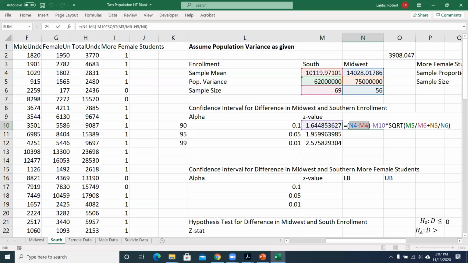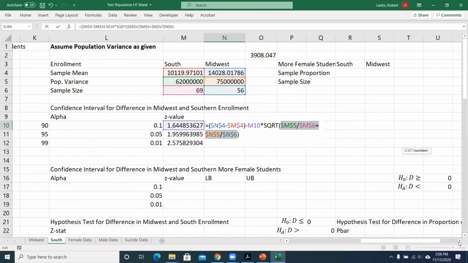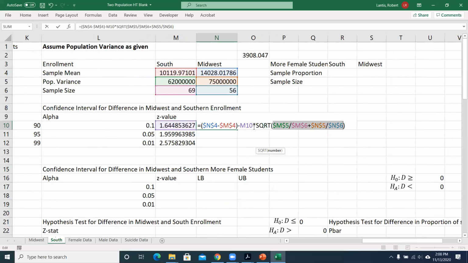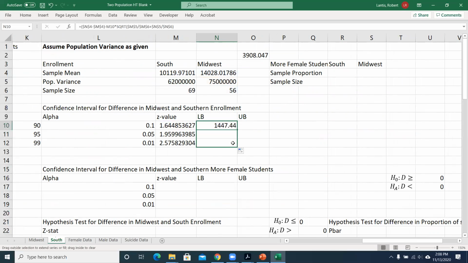So FN F4, or was it Command T on a Mac? I have to select past the square root. There we go. FN F4, or if you don't have an FN key, just F4. Right, and freeze everything other than that z value reference. So now when I copy this down, I get my 3 lower bounds.